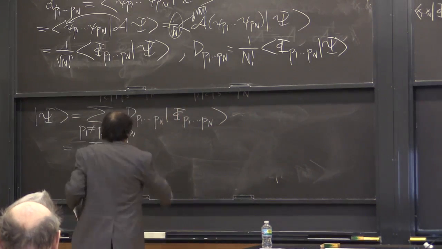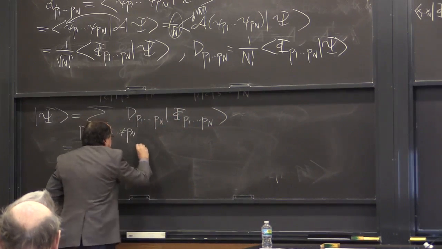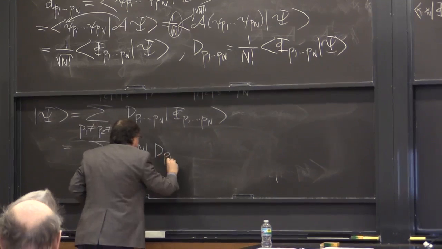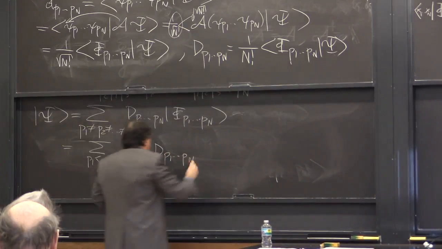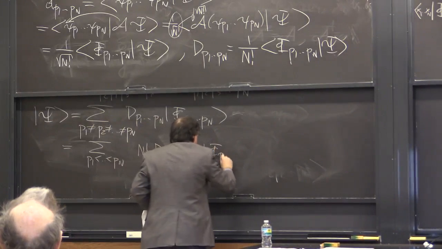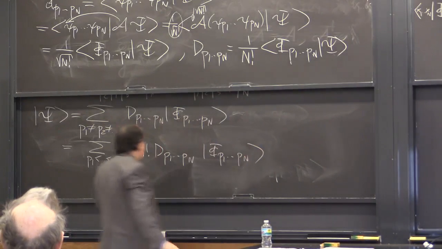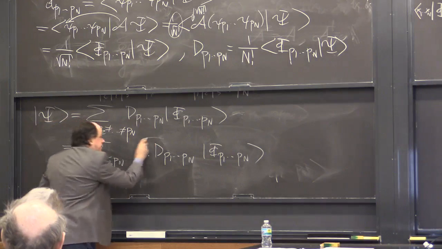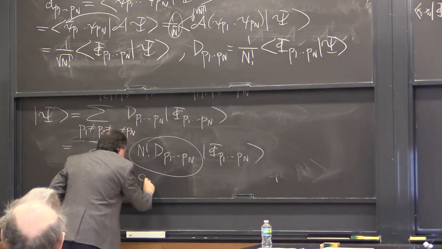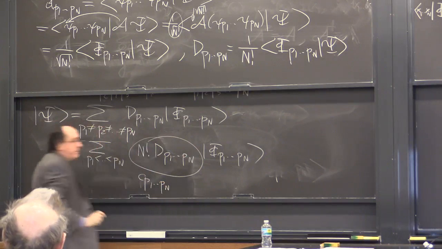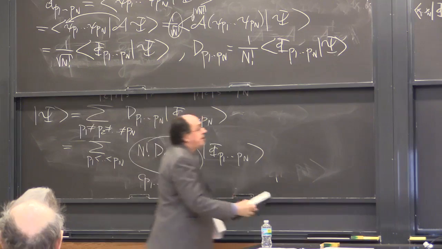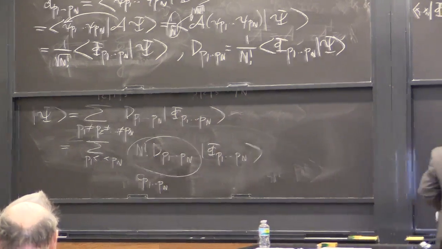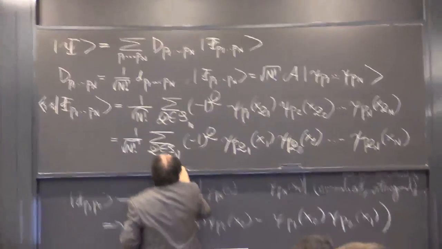So what I can do to remove these redundancies, I can write this as n factorial times the d's here, summing over ordered sets, okay, times the phi. Well, that is becoming interesting. I'm going to call these coefficients c, little c. Because eventually I want to end up with something which we call a CI expansion. Okay? Let me try to build this over here.